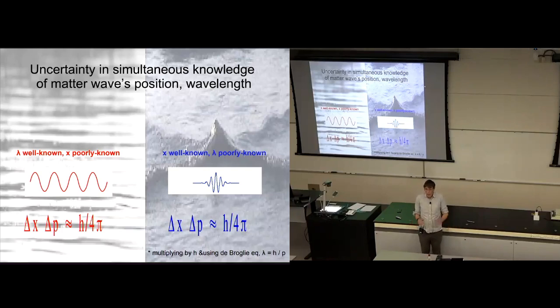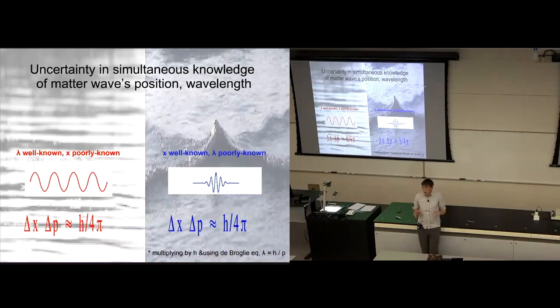And so that's all that Heisenberg did, was carry over a classical notion about the relationship between wavelength and position for ordinary water and sound waves, carried it over to these new unfamiliar electron waves, proton waves, atom waves, and using the de Broglie wavelength showed that you can't know the position and the momentum of a subatomic particle like an electron or proton both simultaneously.